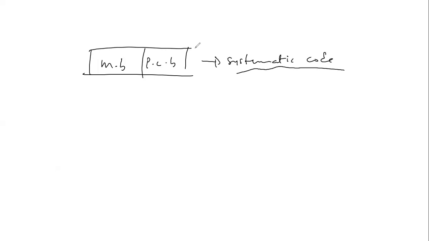While the non-systematic code is one in which the n-bit code word may not contain any information bit explicitly. It's all mixed up together. So now, with this, we can now move on to linear block codes. So let us look at a few linear block codes, and then look up the convolutional codes, then that should be it.